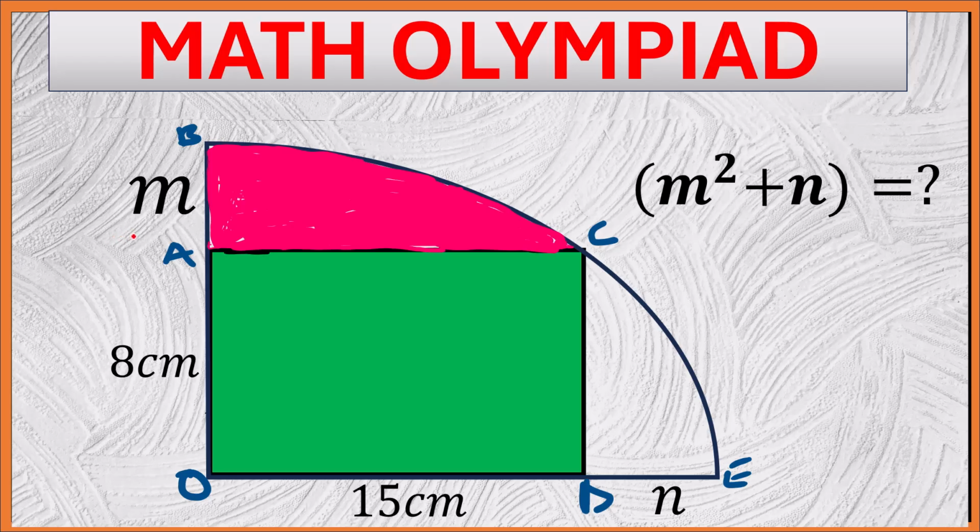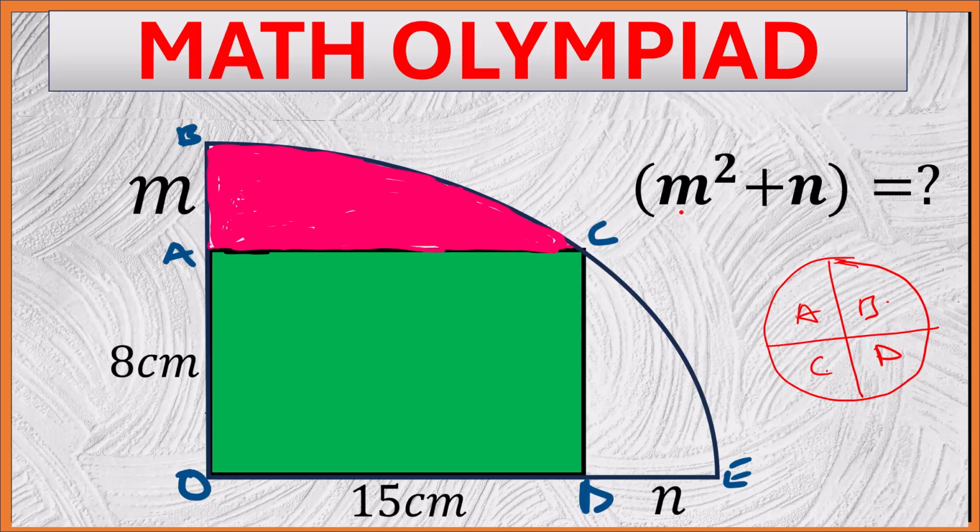Alright, let's look at this plane figure here. Now this figure is a quadrant. A quadrant is 1/4 of a circle. If this is a complete circle and I divide it into 4, 1, 2, 3, 4, then A is a quadrant, B is a quadrant, C is a quadrant, D is a quadrant.